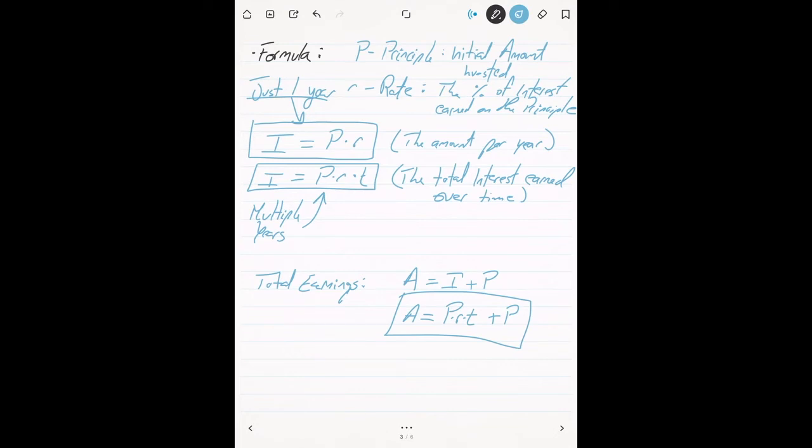This is the main formula we'll use for finding out the total amount, and this is the main formula we will use for finding the total interest amount. Hopefully these two formulas are making sense to you. If you need more examples, I would always say, try plugging some numbers in. Pretend like you're at a bank and you start investing different amounts of money into a savings account with different interest rates. And try a couple years to see and practice over some time period how your money is growing, okay?